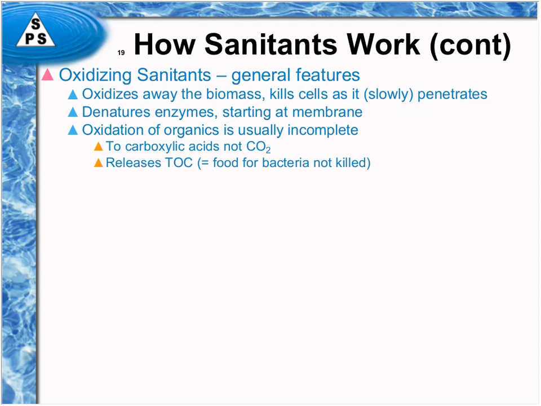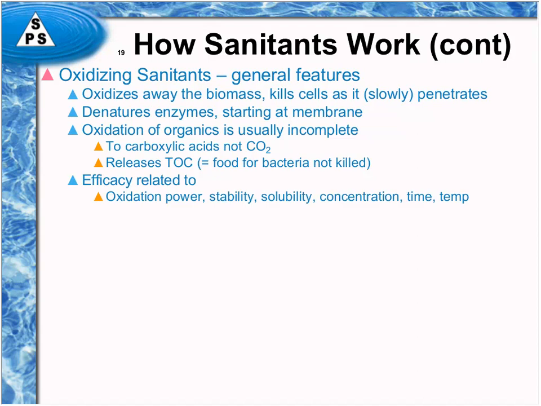You don't get a whole lot of degradation all the way to CO2. It usually stops part way, and you wind up with smaller organics that are usually carboxylic acids. These carboxylic acids are food, and it releases them into the water. Unless you flush that TOC out of the water, it becomes food for the next bacteria that come along, the ones that weren't killed by that treatment.